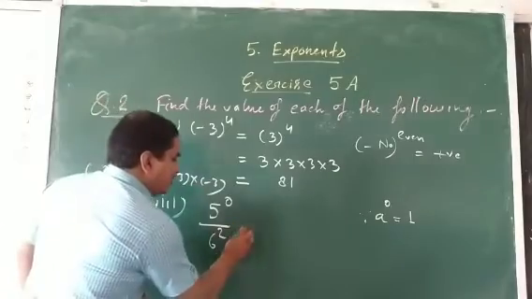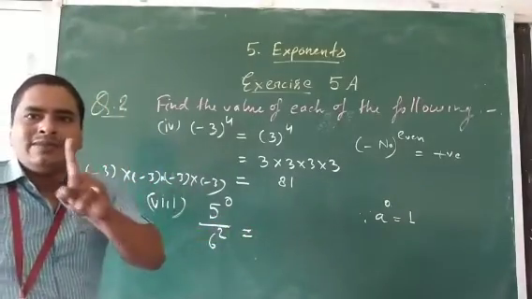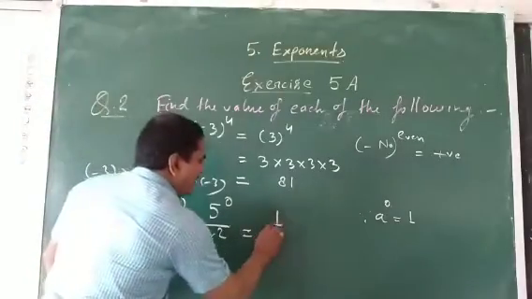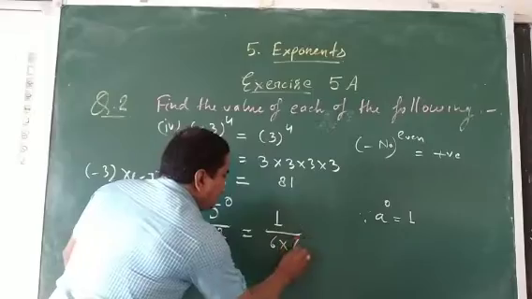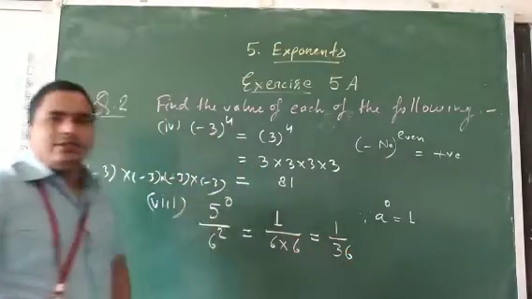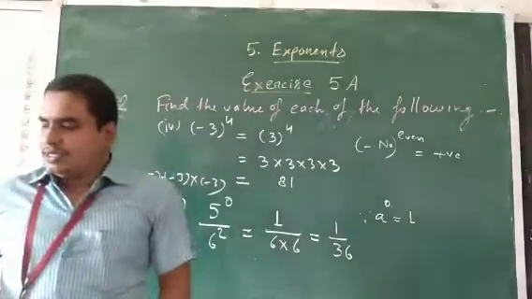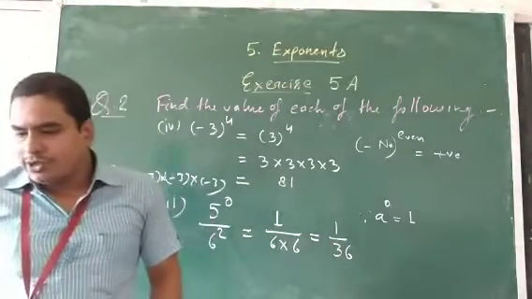So here students, 5 to the power 0 becomes 1, and 6 to the power 2 means 6 into 6, so you can write this as 1 by 36. Clear? Now proceed to the next question.